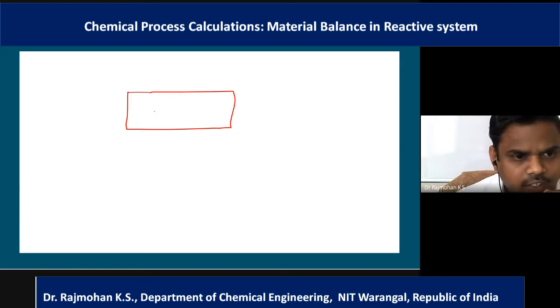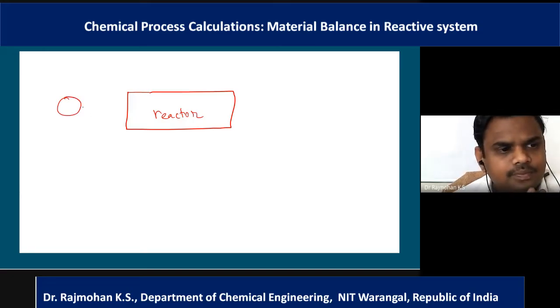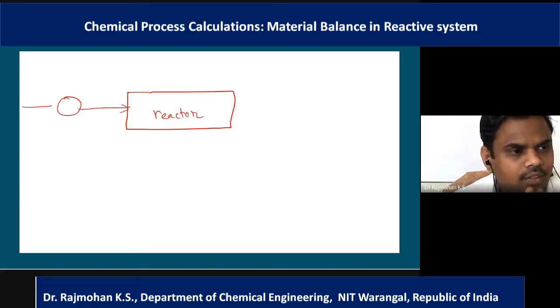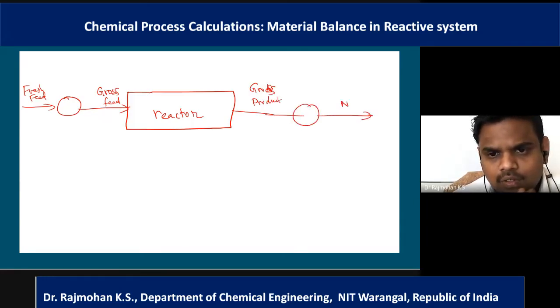So we have a reactor, a mixer, fresh feed, gross feed, gross product, and net product.